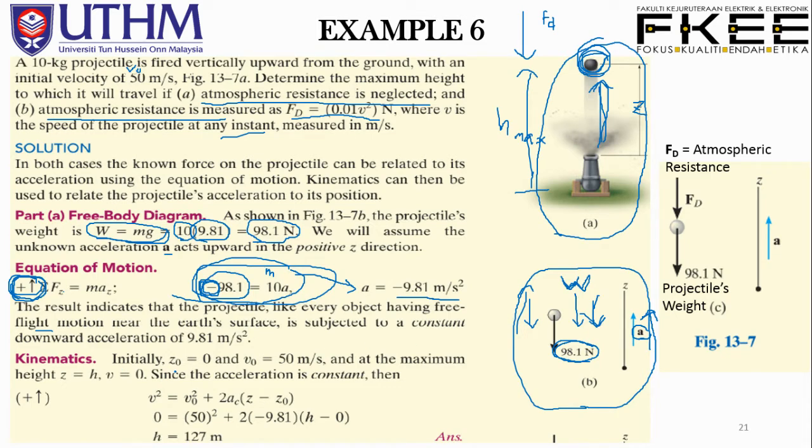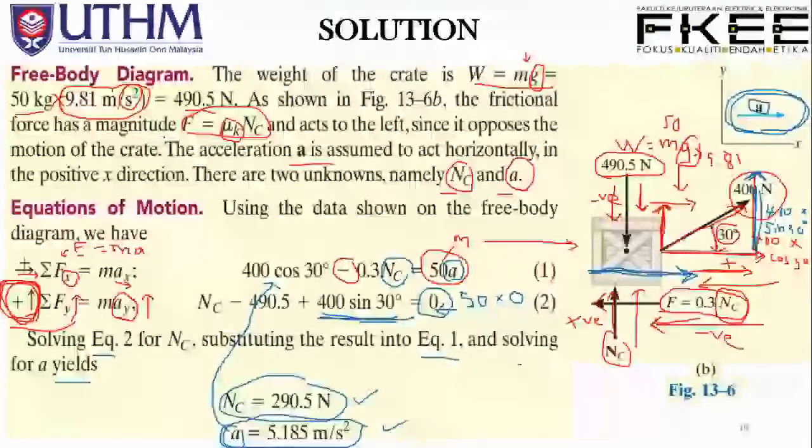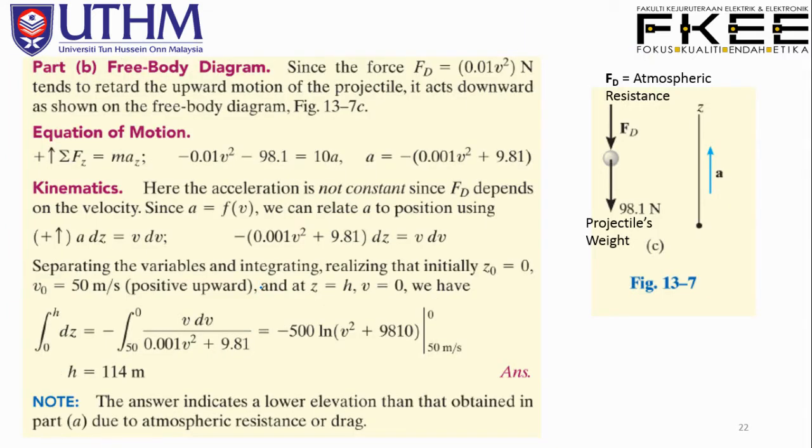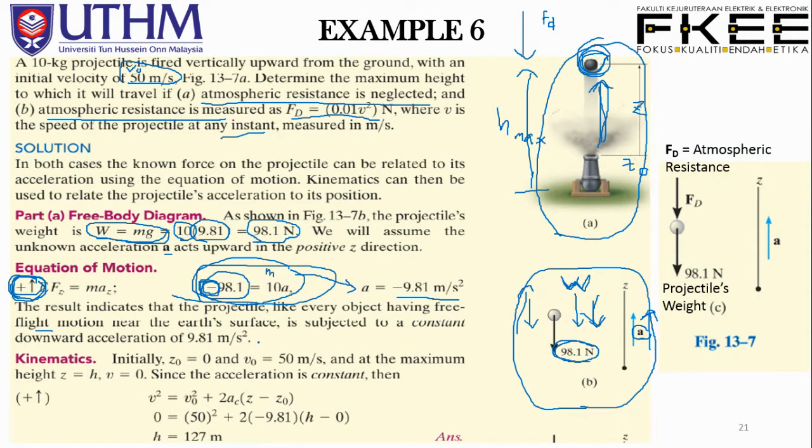Initially, z naught equals 0 and v naught equals 50 meters per second. z naught is the initial position, the location, and v naught, the initial speed, is given in the question as 50 meters per second.